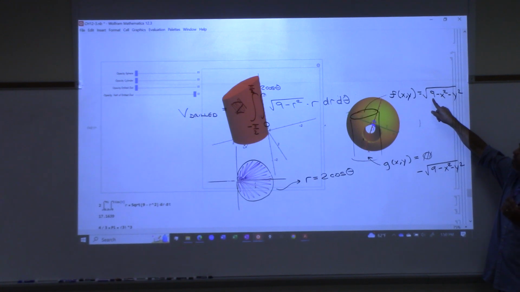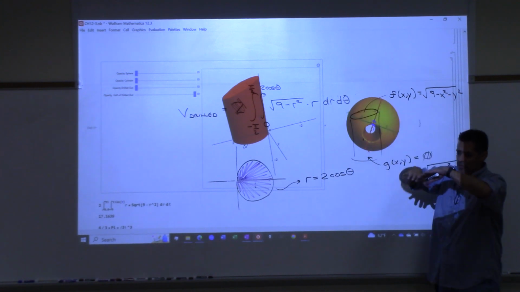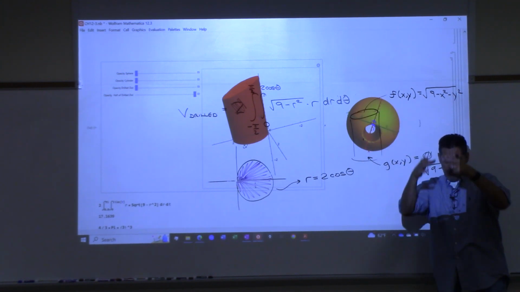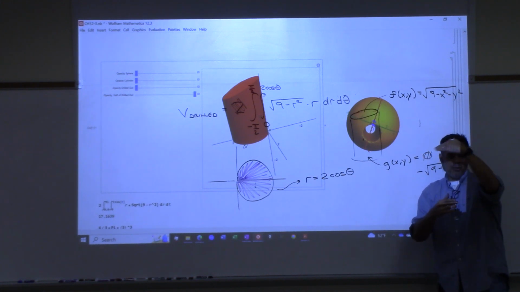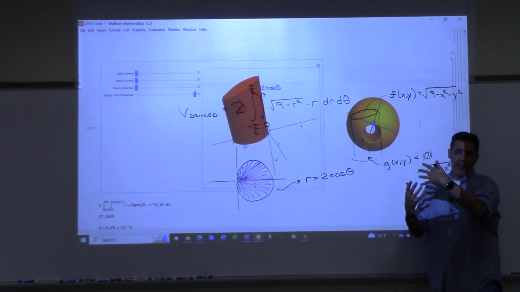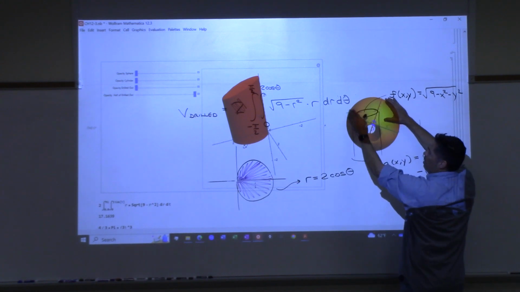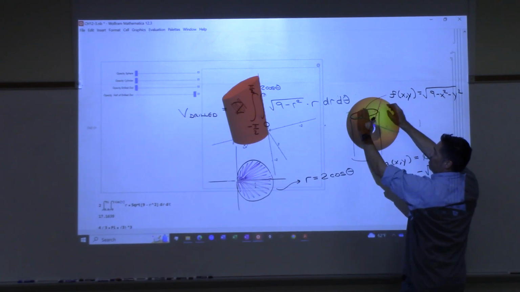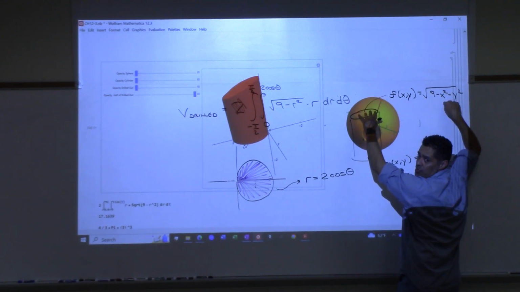The reason is because all I'm trying to do is figure out what is the surface on top that is controlling that drilled out part. So what is actually the boundary? What is that boundary surface? Where does it come from? Is it the cylinder or is it the sphere? It's the sphere itself, right? The sphere is what actually caps off this piece. So the top surface is that function.